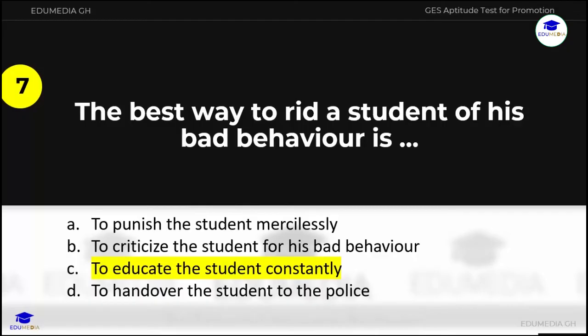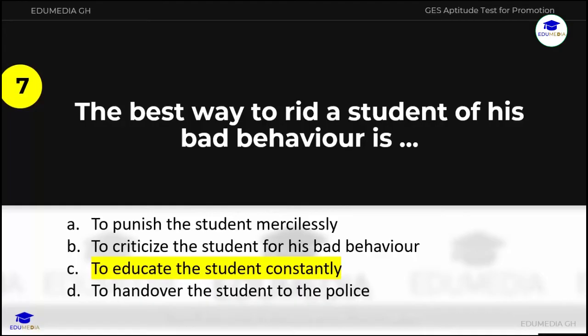Punishing a child harshly or turning them over to the police or criticizing them for bad behavior can be harmful and not an effective way to help a child change their behavior. Instead, it is important to educate the child and help them understand why their behavior is problematic, as well as to provide them with the skills and knowledge they need to behave appropriately.